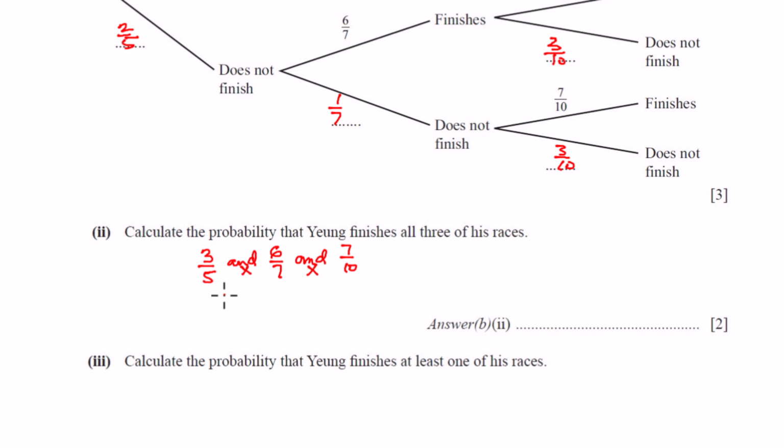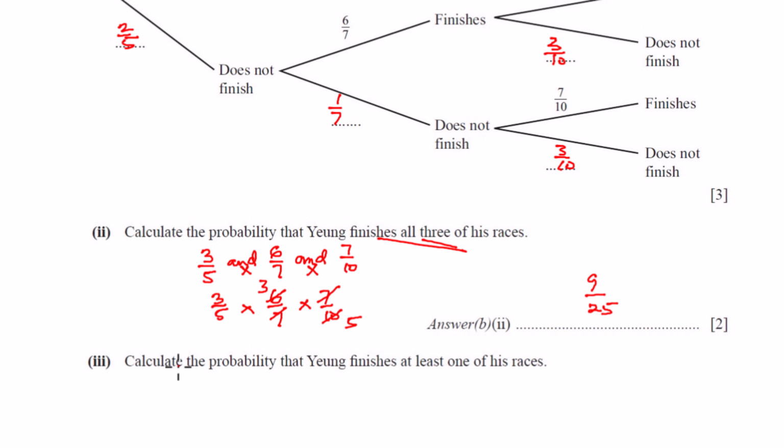We then have 3/5 times 6/7 times 7/10. So this cancels this. We have 2 here, 3, 2 here, 5. 3 times 3 is 9/25. So the probability that Young finishes all 3 of his races is 9/25. So that's the end of that.